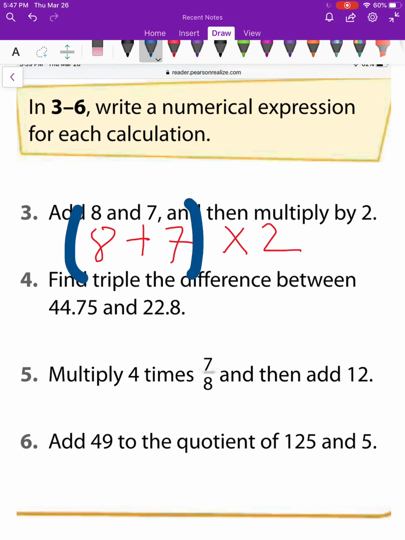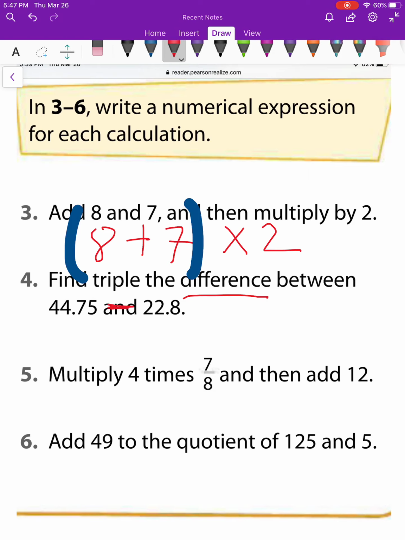Number 4, Ayman. Find triple the difference between 44 and 75 hundredths and 22 and 8/10. Thank you. Now he asked me to find the triple of the difference. First of all, you have to know the meaning of difference. Yes, difference means minus between those numbers.